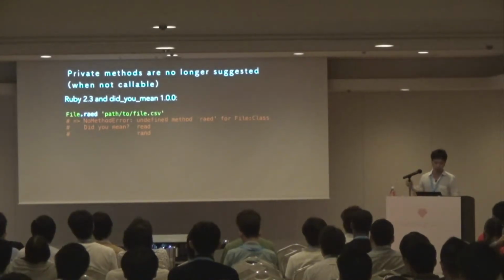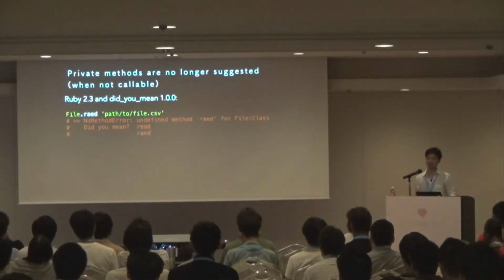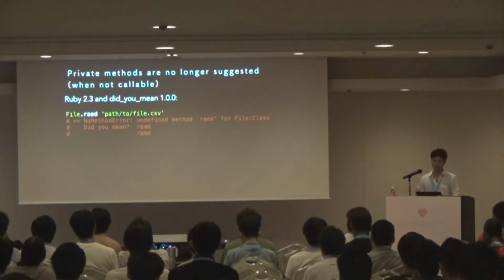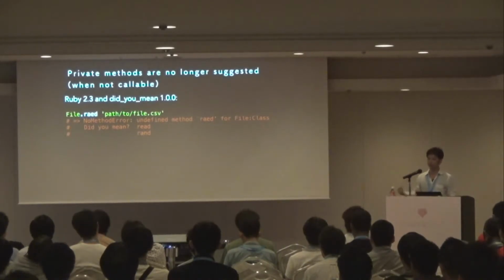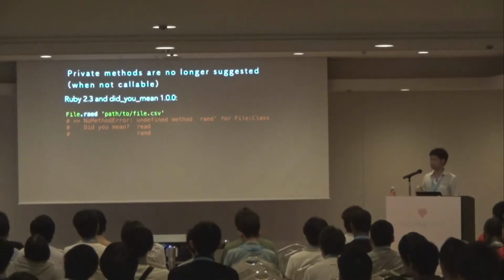Okay, so the next one. Ruby 2.3 and DidYouMean 1.0.0 used to also suggest private methods. In this case, you're trying to call read, obviously, and then the next one is rand, which gives you a random number, and this also makes no sense.